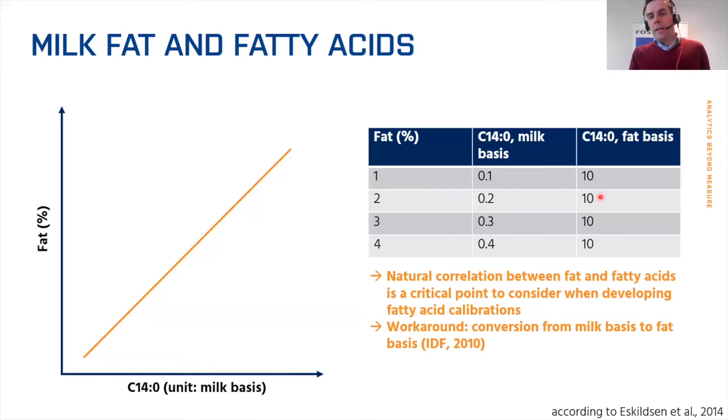But if we correct these numbers for the actual fat content in the sample, we will see that it's the same concentration of C14 in all these 4 samples. Given that there is this natural correlation, we used a workaround, which was to convert the milk basis results to fat basis results according to some IDF guidelines, and then looked at the true composition of the fatty acids in the milk sample, corrected for the fat.